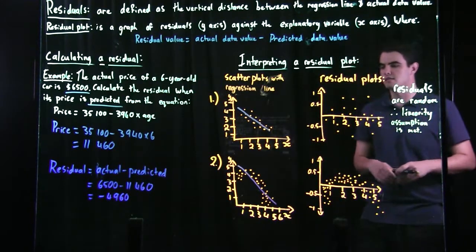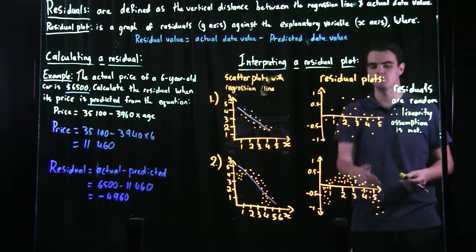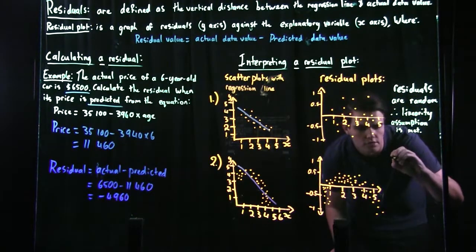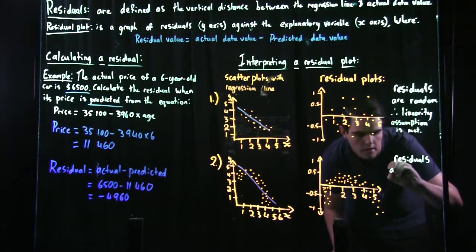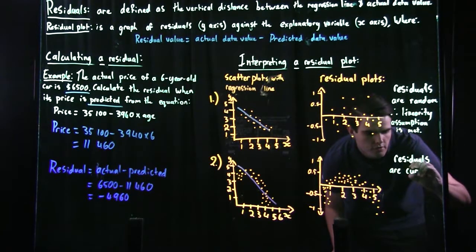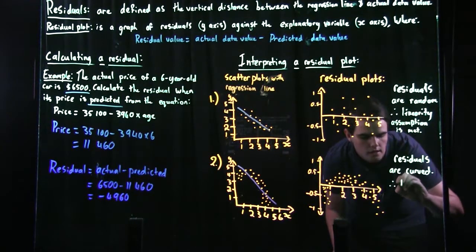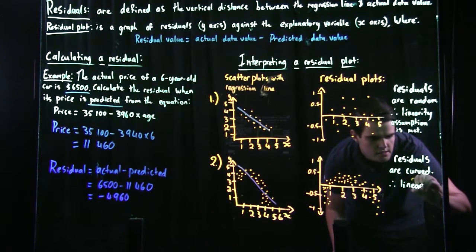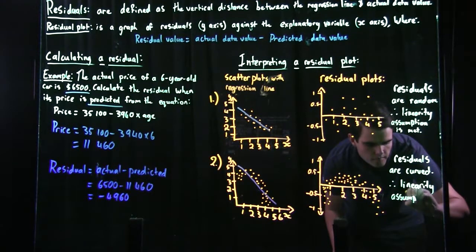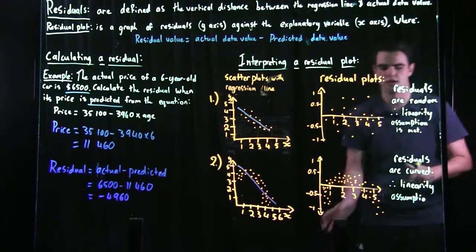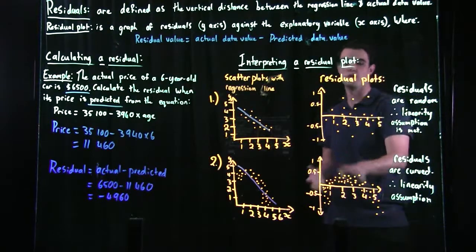Okay, so when we've got a random residual plot, it is linear. When we look down at this second example, it's not random, we can see a curve in this residual plot. So we write residuals are curved, therefore, and the same thing, the linearity assumption, but this time it will not be met purely because it's not linear, they're not random.